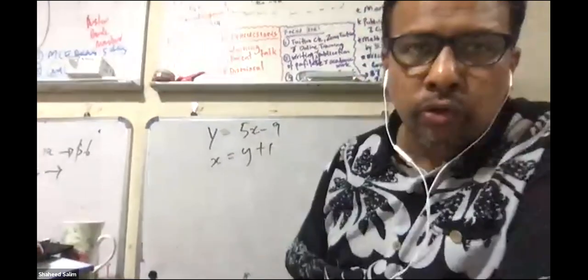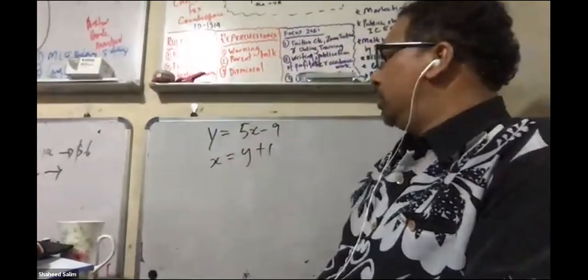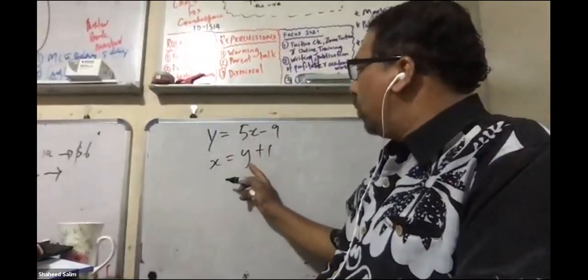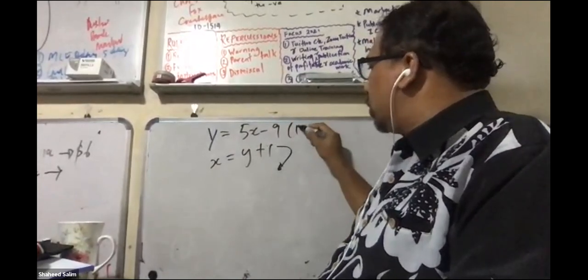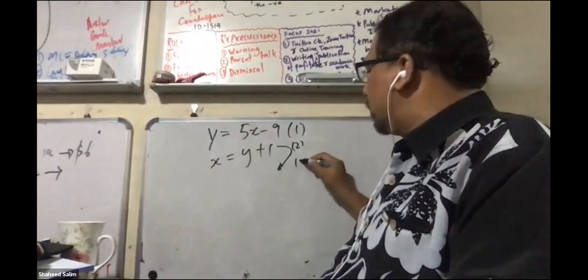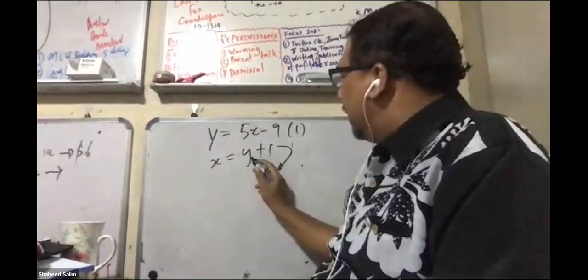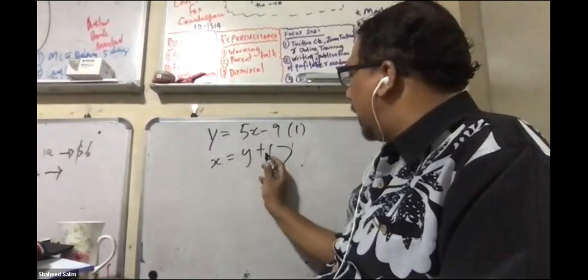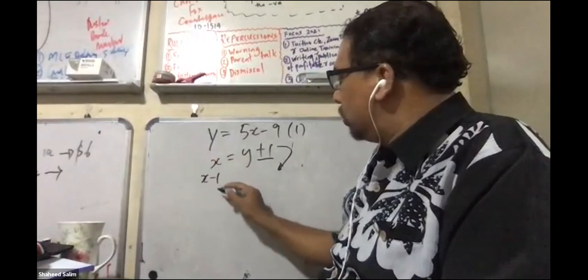Now, the pattern is not the same. Can you make the pattern the same, so that y equals something? For this one, we change the pattern. This one you call equation 1, this one equation 2. We leave the y here first. We bring the minus 1 over, so you get x minus 1.